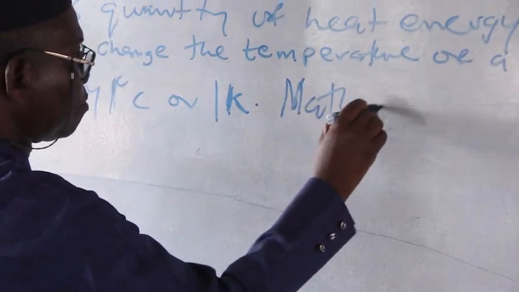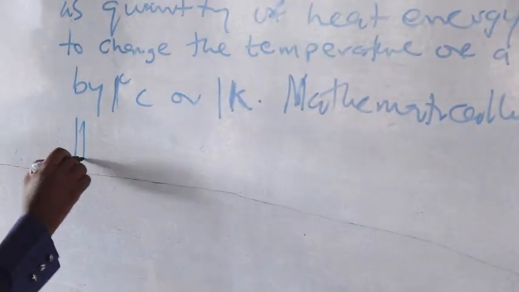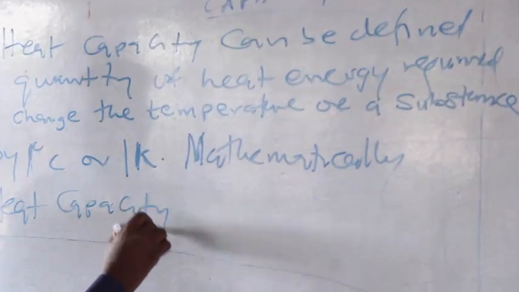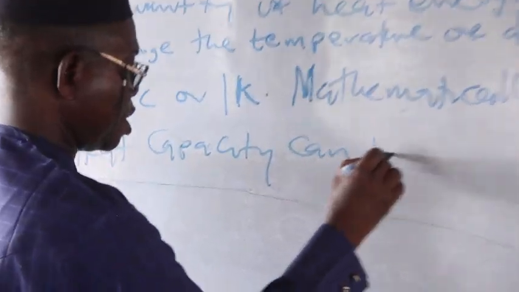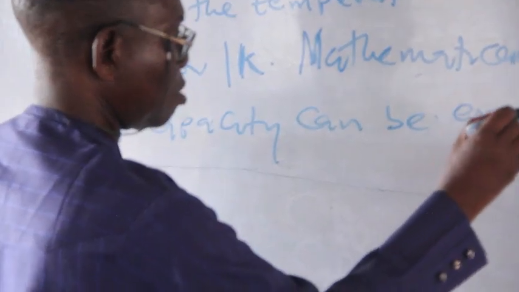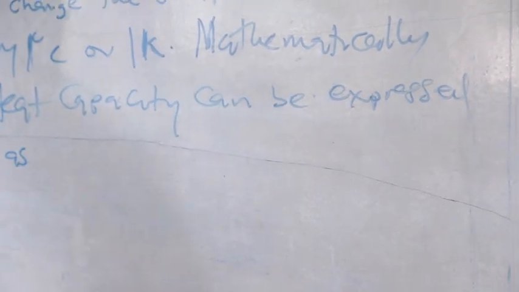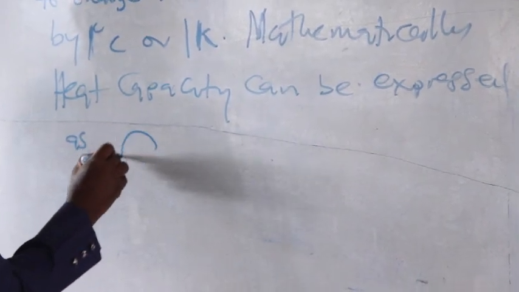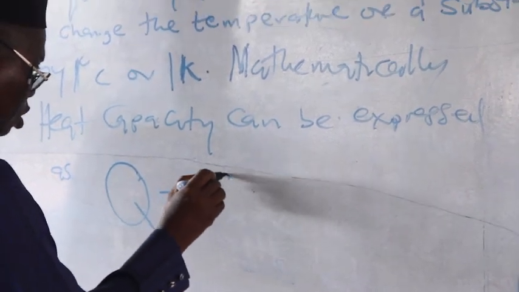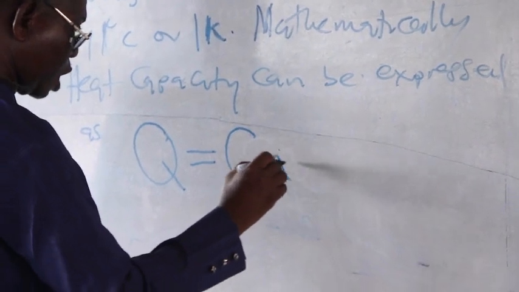Mathematically, heat capacity can be expressed as Q, which is the quantity of heat, equals heat capacity times delta theta.